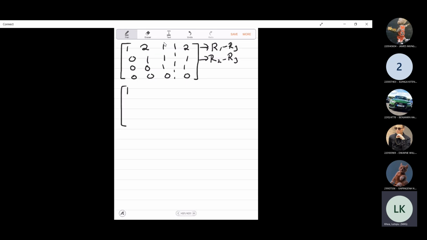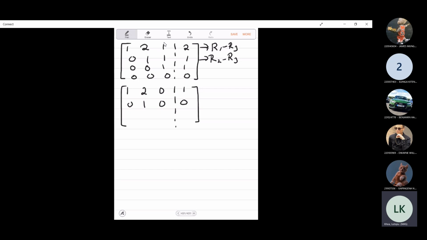So we have 1, 2, 0. Then 2 minus 1 is 1. Then 0, 1, 0. 1 minus 1 is 0.